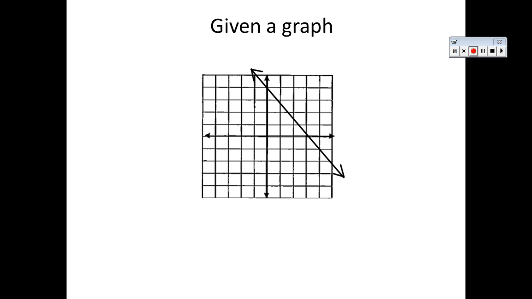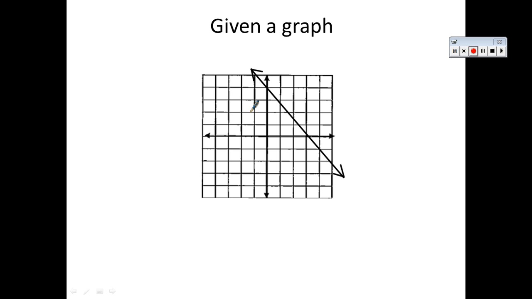Alright, how do you do it given a graph though? So here, can you identify where your x-intercept is? Your x-intercept is right here. Can you identify where your y-intercept is? That's right here. Okay, so from the y-intercept to the x-intercept, I'm counting how far my rise was. So I go 1, 2, 3, 4.